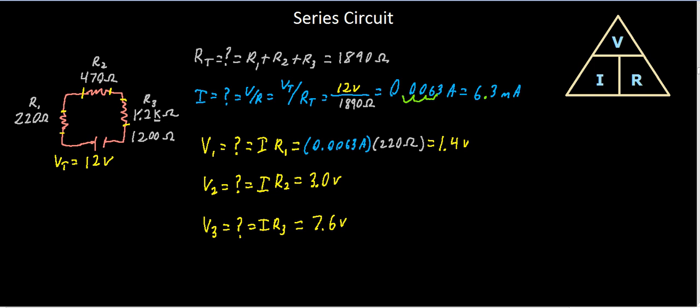As the electrons travel, they hit resistor 3, and because it's the biggest resistor, it drops 7.6 volts here. Then when it goes across resistor 2, it drops another 3 volts because it's bigger than resistor 1, but not quite as big as resistor 3. And then the smallest voltage drop is, of course, across resistor 1 because it's the smallest resistor.